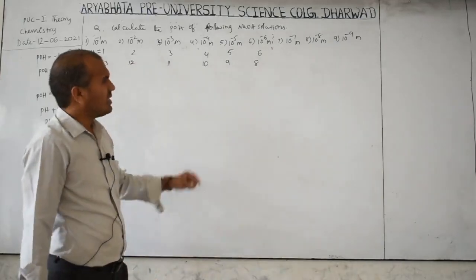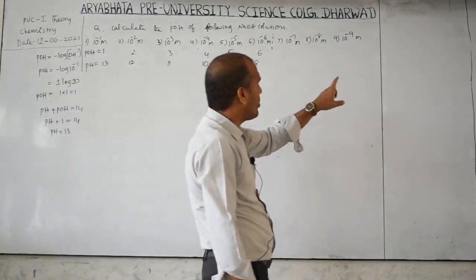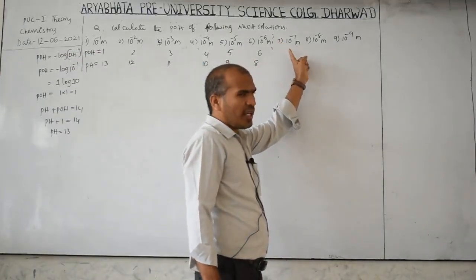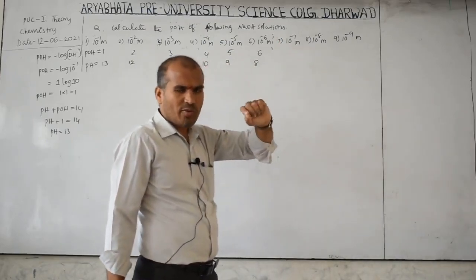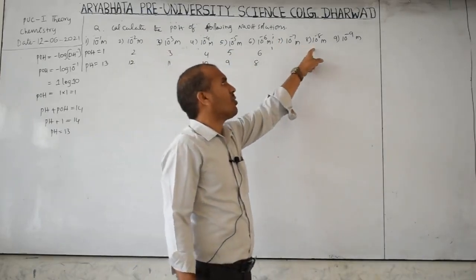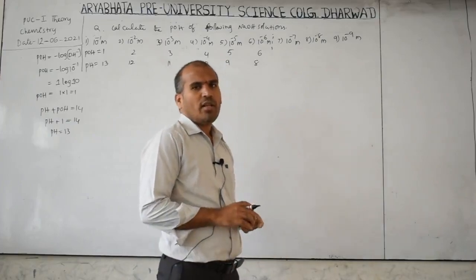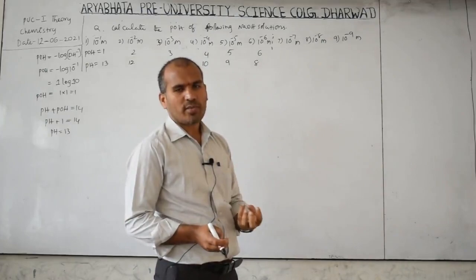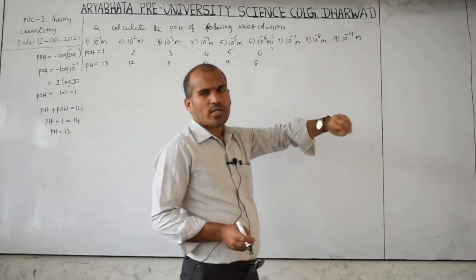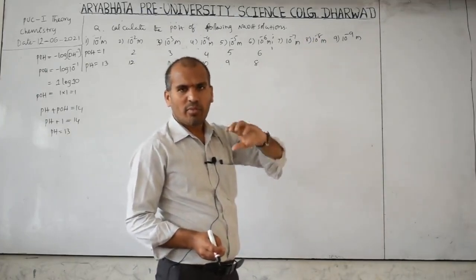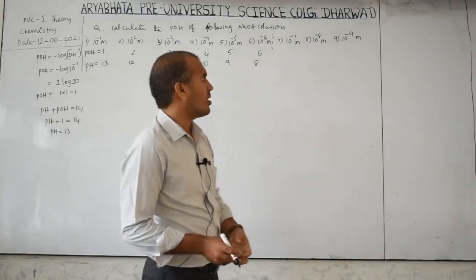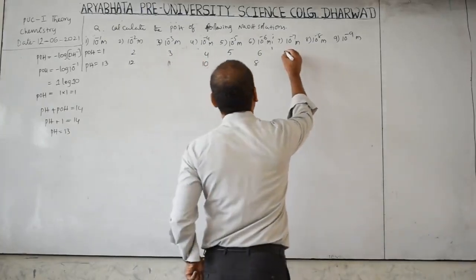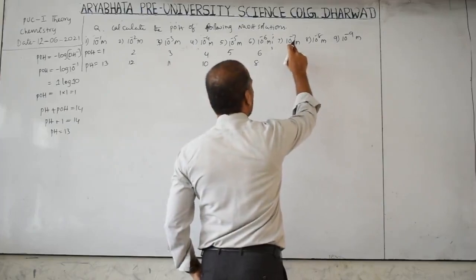But the same concept is applicable here. We already calculated one problem for H plus ion concentration when 10 power minus 8 M was given. That time we considered H plus from the acid and H plus from the water. Here also we have to consider OH minus from the base and OH minus from the water. Therefore, that time I gave 6.79.